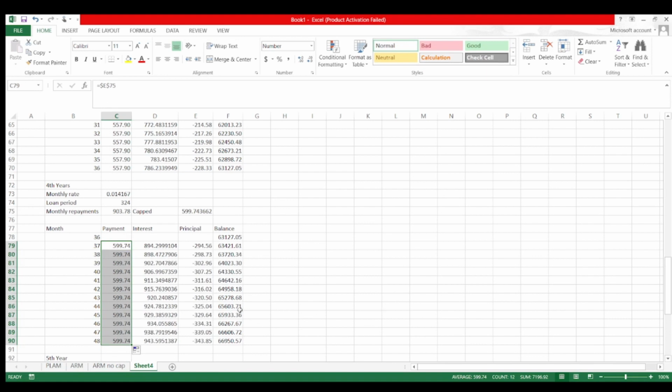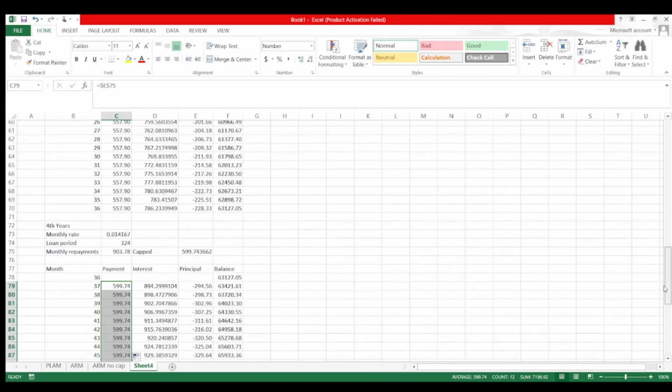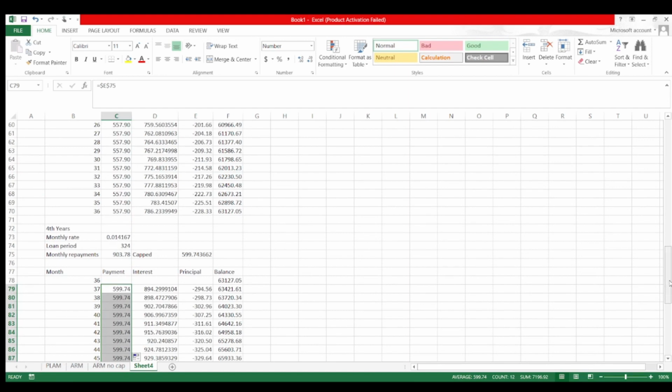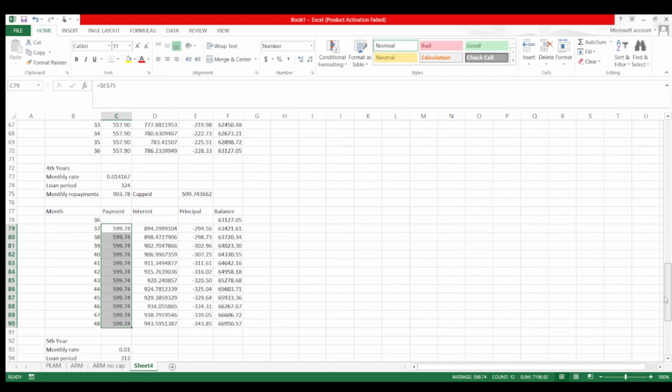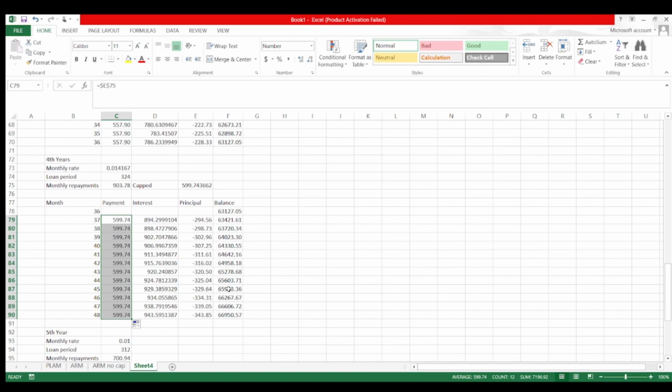So with that being done, we can easily now identify the end balances at the end of each year. So you realize that the actual loan balances have continued increasing due to the cap. So in some instances, the banks also have another cap on this negative amortization.